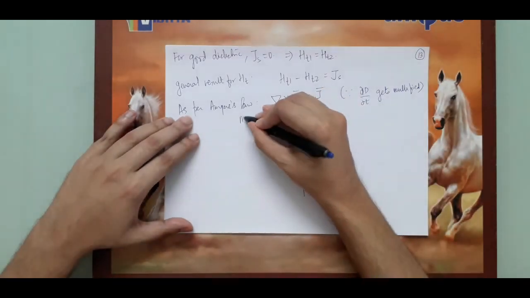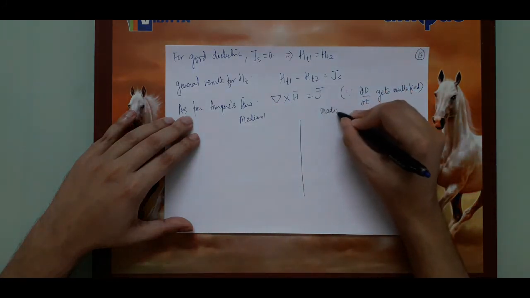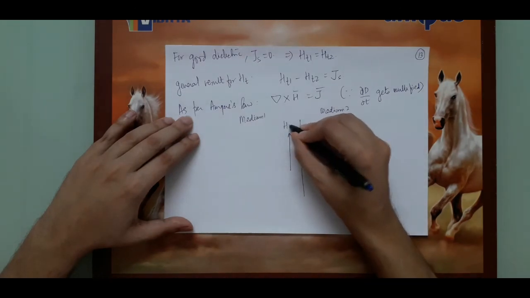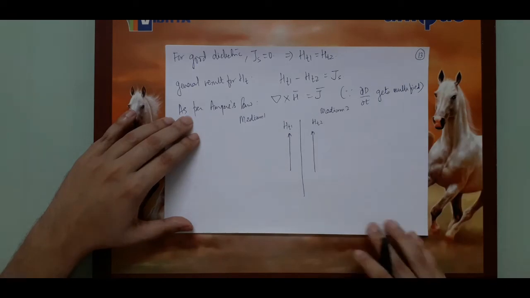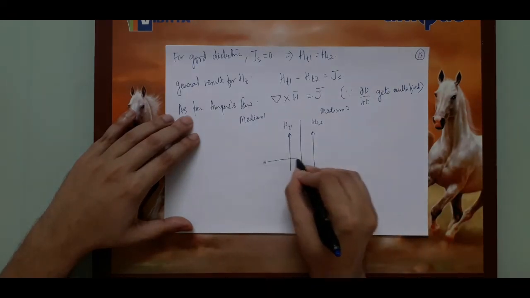This is medium 1, medium 2. Over here at the boundary I have HT1, over here I have HT2. Let us define the normal over here.